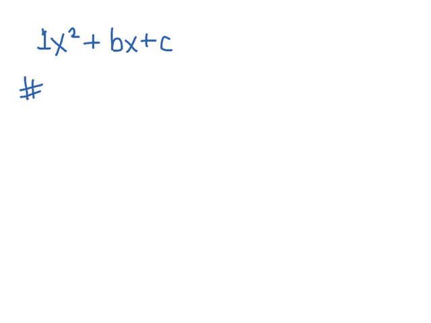Okay, it says factor x squared plus 3x plus 2. One of the things that we can look at is the sign. If the sign of the constant is positive, then we know that the factors are both going to be the same sign. And then we look at the second sign, and that sign will tell us if it's going to be positive or negative.